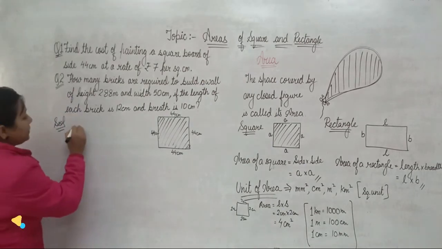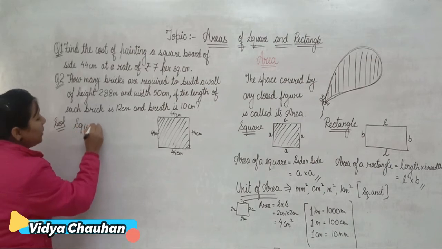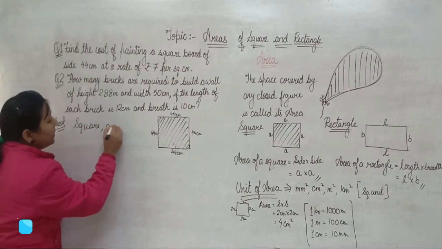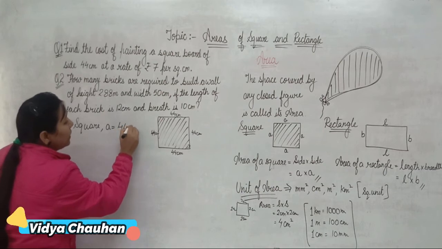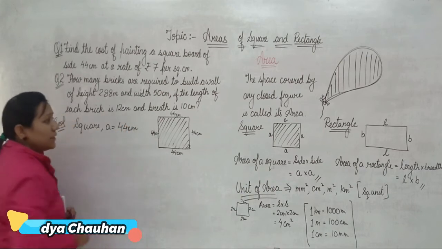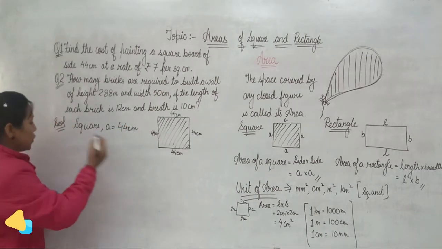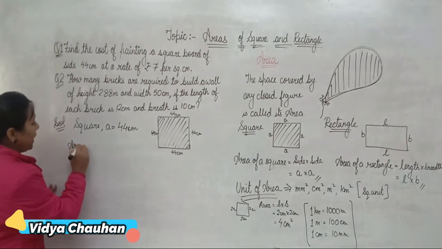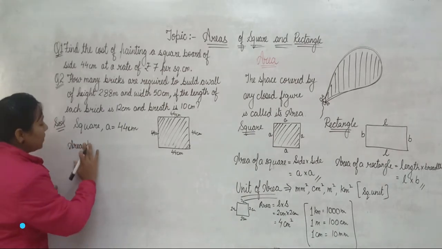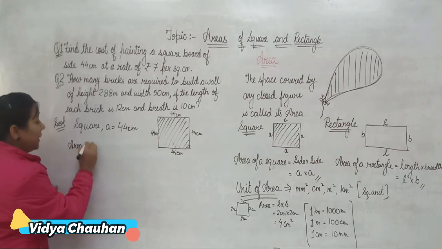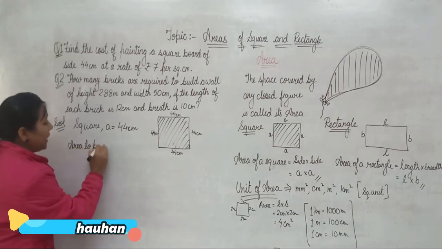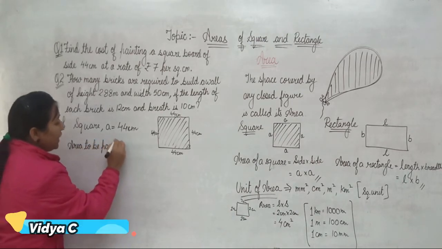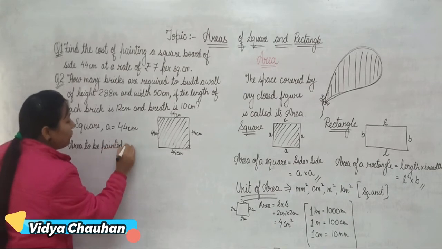So very first, since it is a square with side A as 44 centimeter, this is the dimension given to us. So very first what will we find? We will find the area to be painted. So we will find how much total area we have to paint.